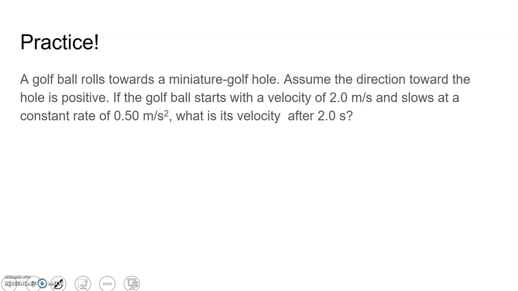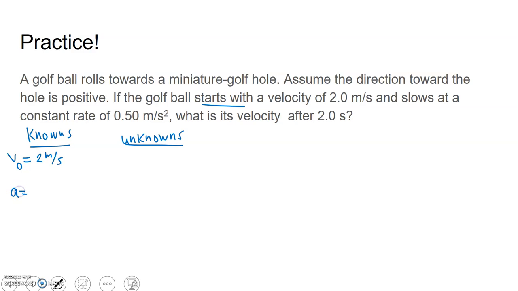Like any other problem, we start with our knowns and our unknowns. We know the initial velocity is 2 meters per second, so V sub O for original, 2 meters per second. It slows at a constant rate of 0.5 meters per second squared.